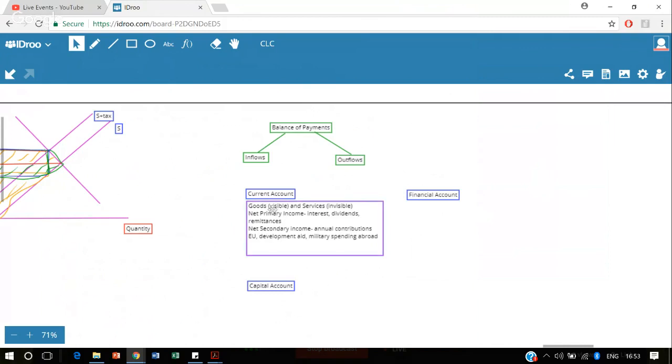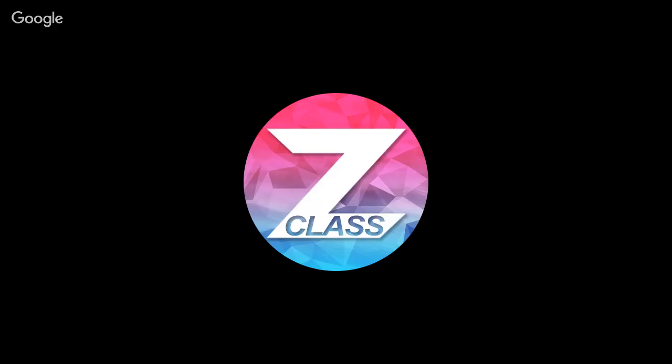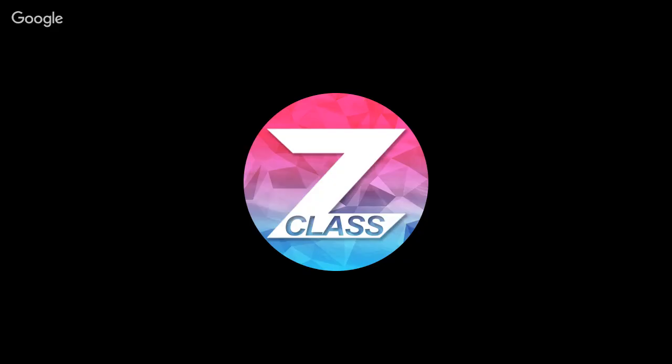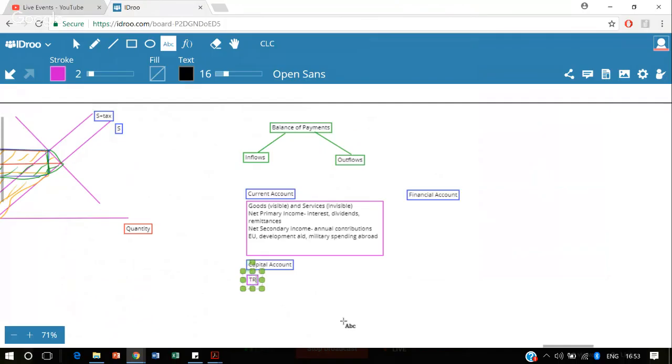So these are three or four main things included there. Then we've got the capital account. Do you know what stuff comes under there? That will be like capital transfers. Yeah. So transfers, and what kind of stuff do we include in this type of transfer?